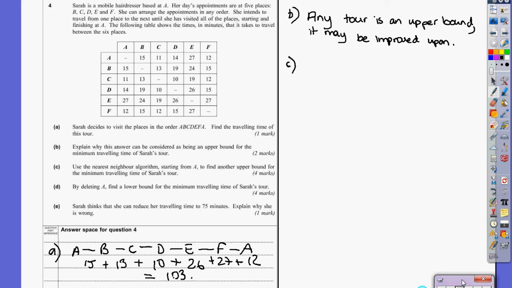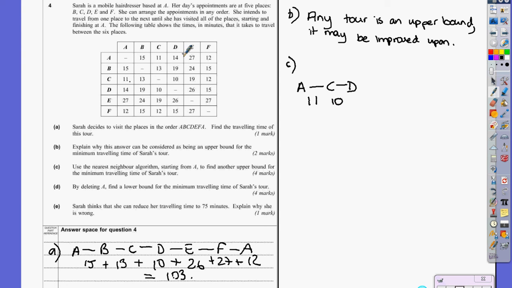So use nearest neighbour from A. So I'm looking down A. I want to go to the shortest place, which is C. So I'm going to go to C, and that's 11. From C, I know I'm not going to go to A, so I need to go to the shortest one, which happens to be D, which is 10.